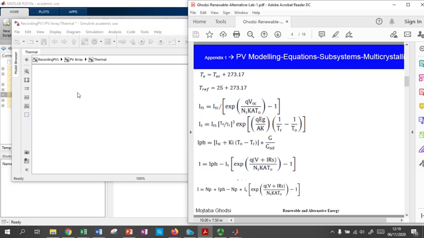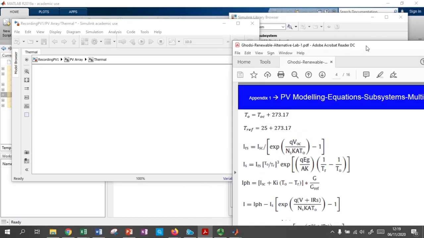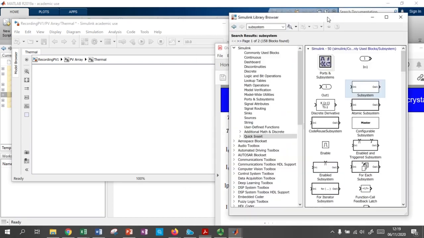The first one that we can find here is that we need to make this equation. How? Very simple. We are going to the Simulink. Then I need some constant value, and also some kind of input and output.